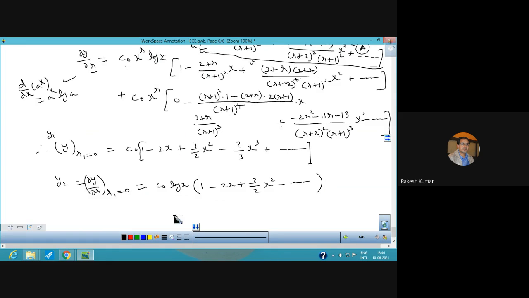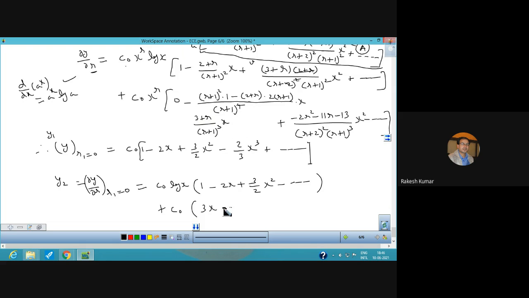Close the bracket. Similarly, you can get the term from the second term also. So C naught x raised to power 0 is 1 and you put 0 here, you will have 3 over 0 plus 1 whole cube, that is 3 into x is there because x is also there.